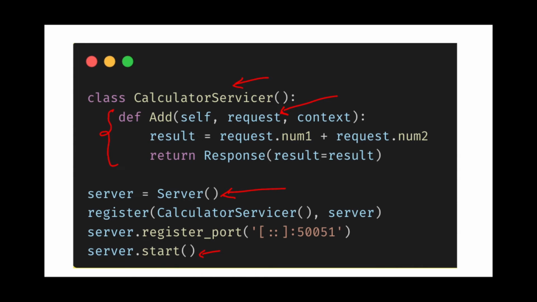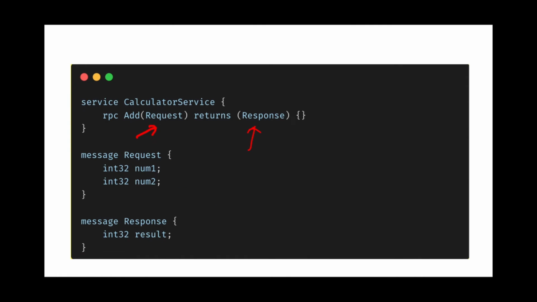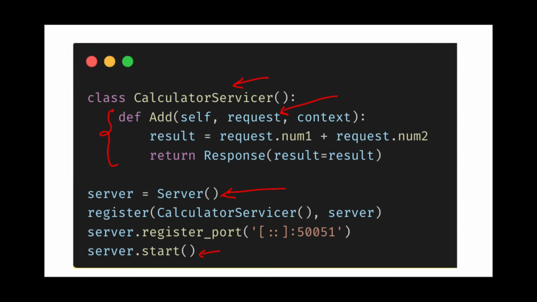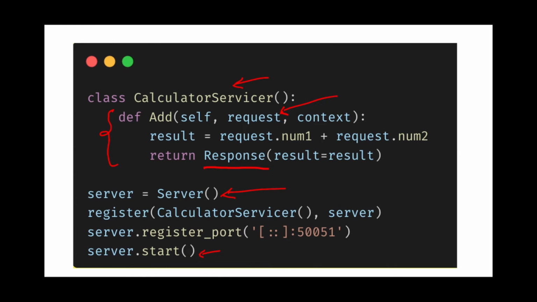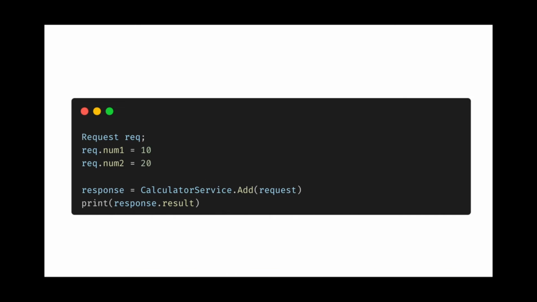It does the addition of both numbers, and the return type is response. So we pass the result here, because the result is part of the response, so we have to pass the result in this response.